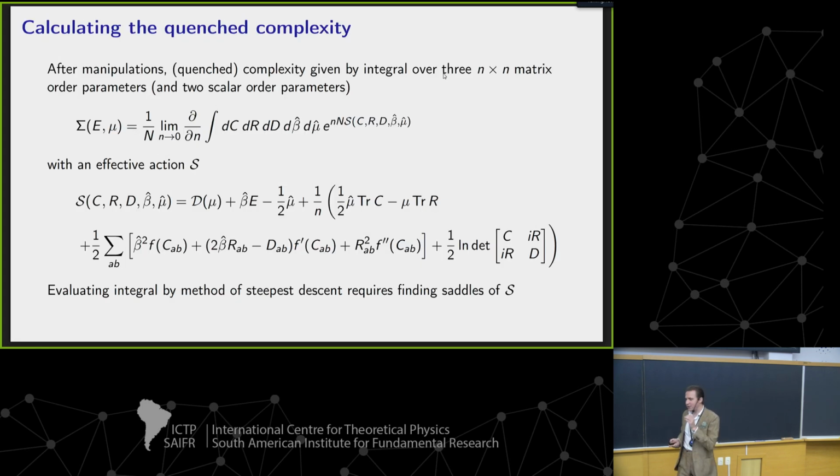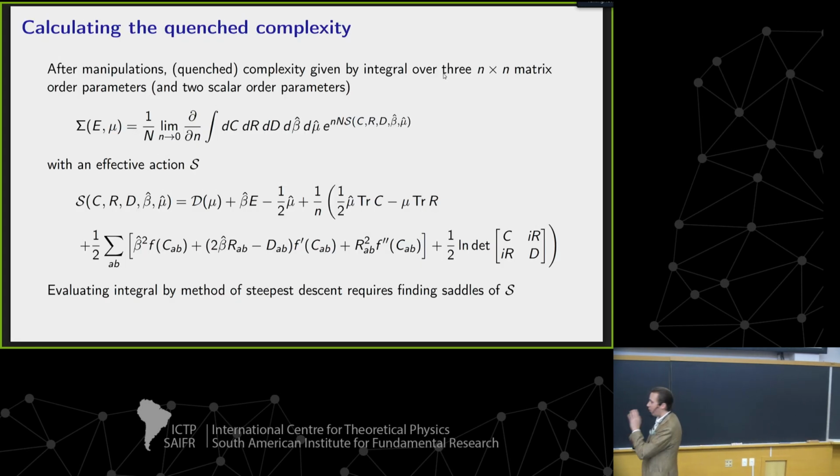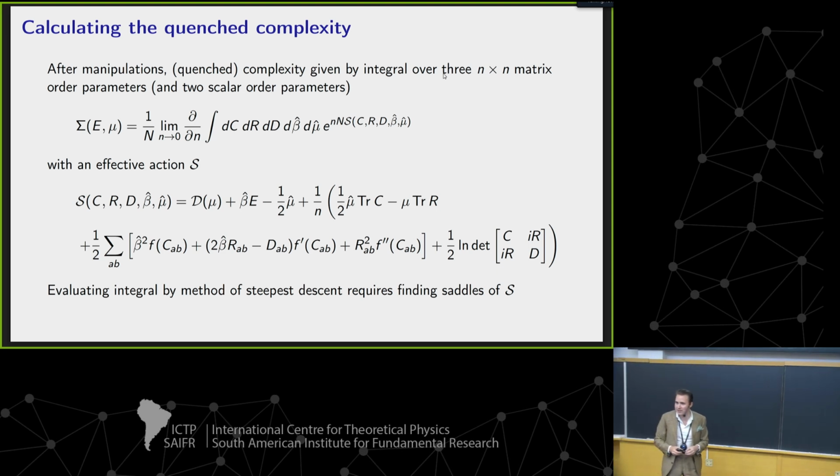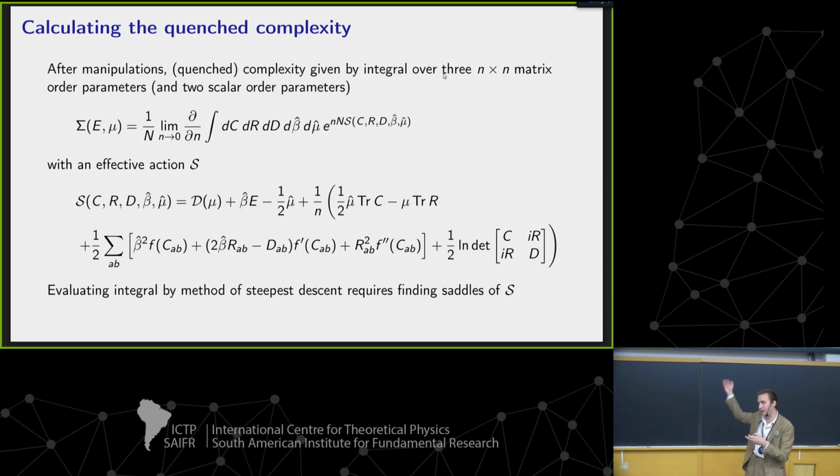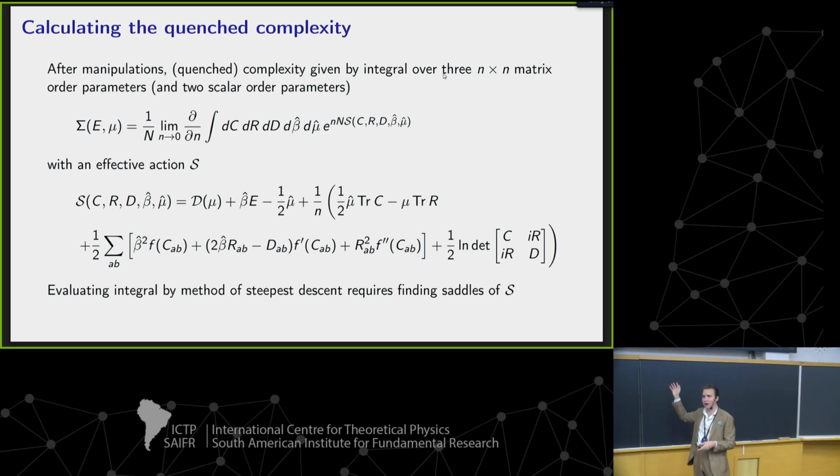So what does it look like to try to do a quench calculation? Many of the details behind this slide I will be sharing in my Blackboard talk on Wednesday, but there are many manipulations that one does to this first integral that I showed you on the slide defining the complexity. And when you finish all of those painful calculations, you get something which in mean field theory we really like, which is an integral over several order parameters, three matrix order parameters and some scalars, of an effective action, right?